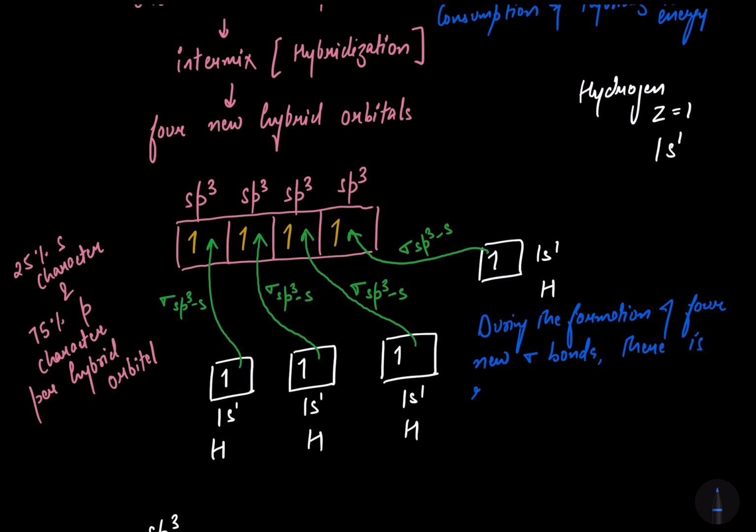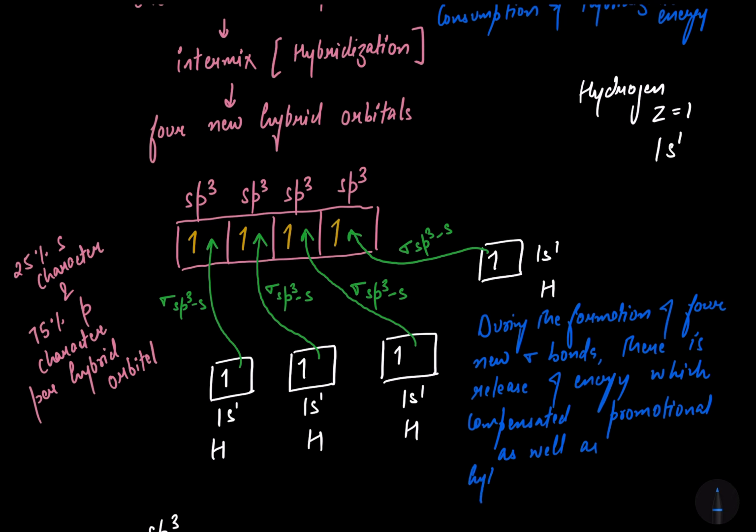There is release of energy which recovers or compensates promotional as well as hybridization energy, as both of the endothermic processes, promotional energy and hybridization energy, are compensated during the formation of 4 new sigma bonds.